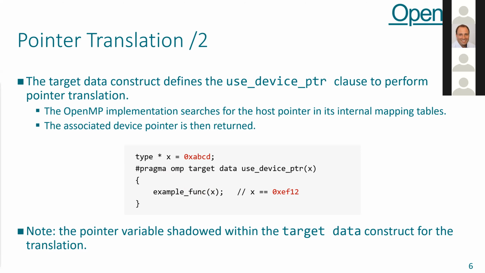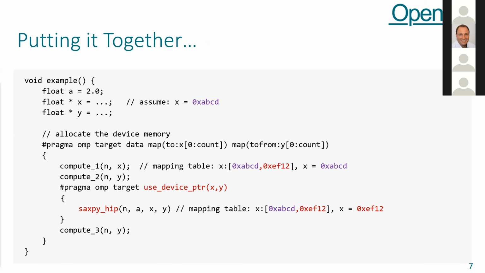All right, so putting it together, and I'm illustrating the pointers on this slide. You allocate X using a regular malloc or stack allocated memory, whatever, and it points to this ABCD address. Then we go into the target data map to move X over to the target device and establish the data environment on the target device.